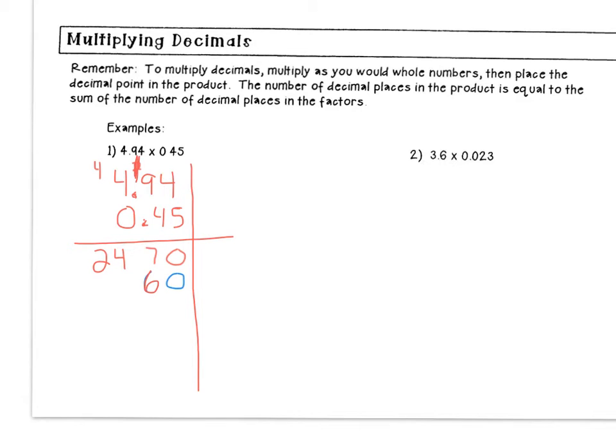Now 4 times 9 is 36. Add the 1 is 37. Carry the 3. And I write it over the other one I carried because it's like a new process here. And now 4 times 4 is 16.